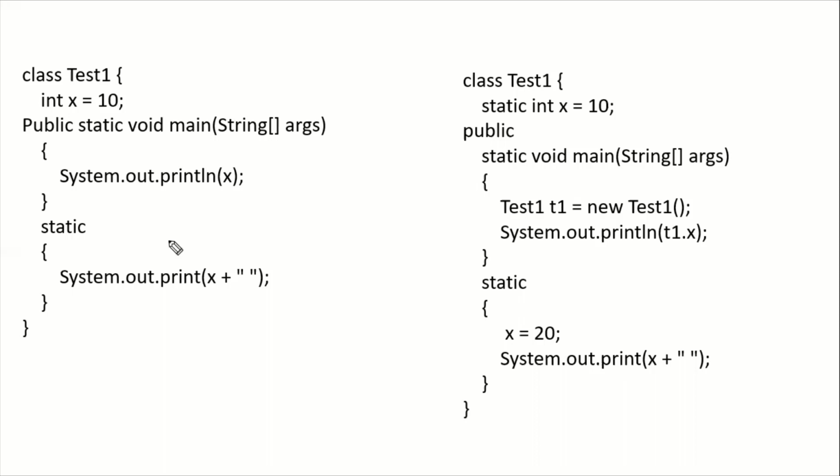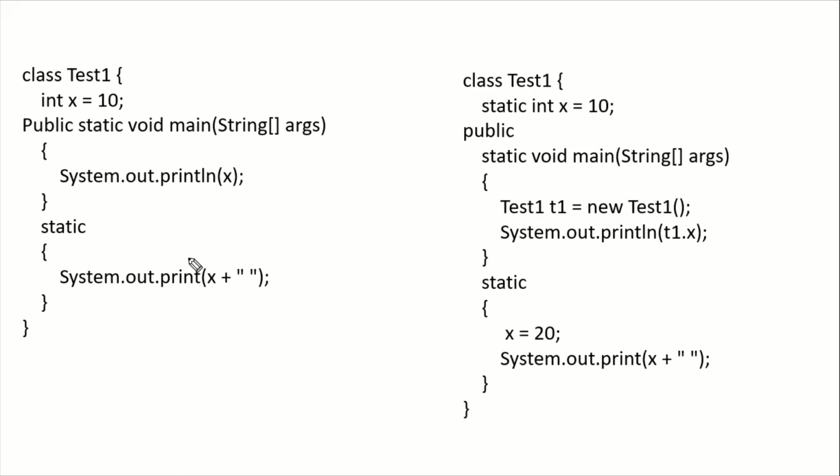We cannot use ob.x over here, because ob is a local variable, so we cannot access this ob in a different block. Here again, you have to create an object, Test1 ob1 = new Test1, so ob1.x. So instance variables cannot be referred from the static context directly. They have to be referred with the help of an object only.